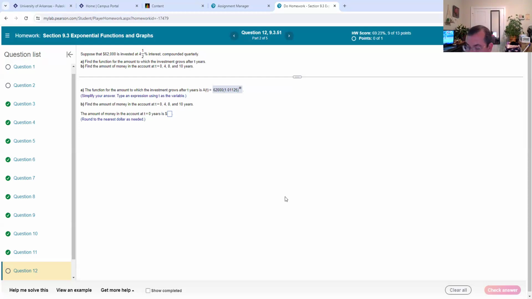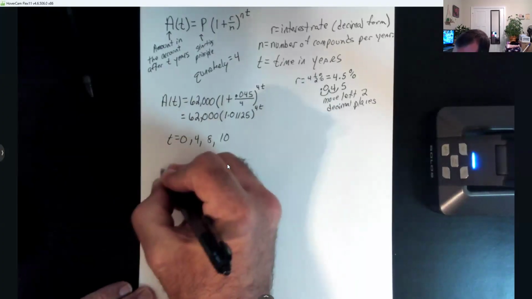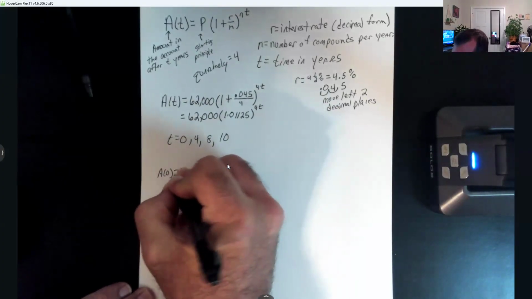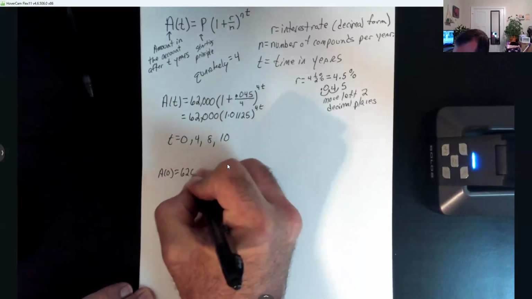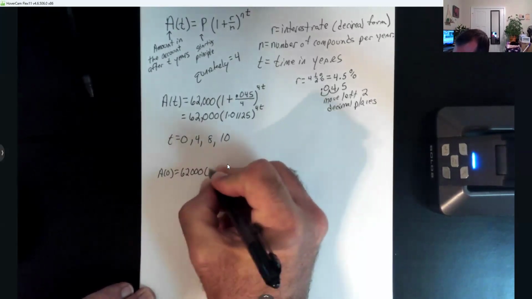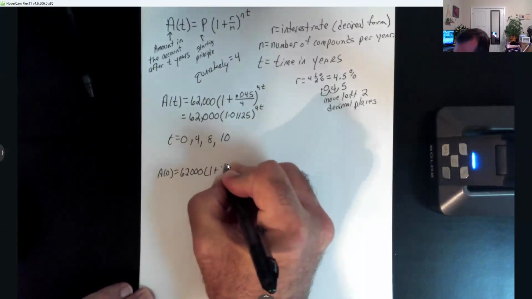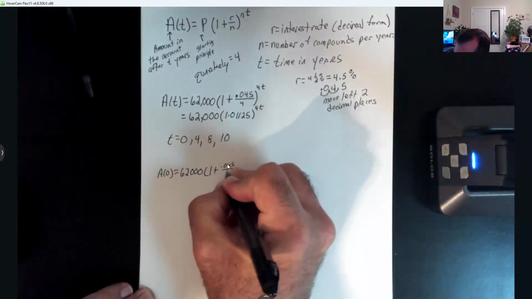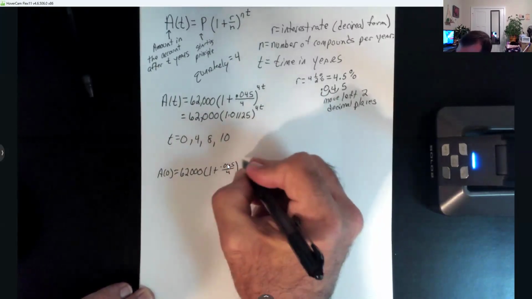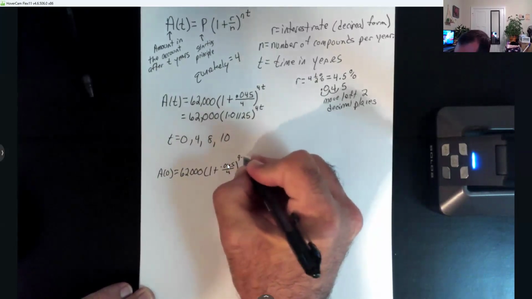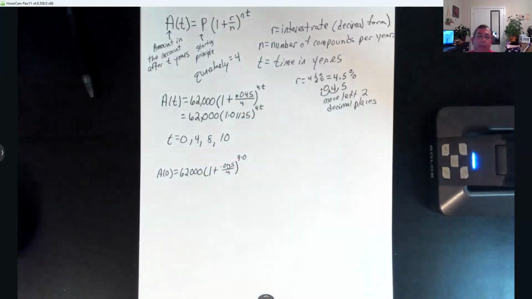Now, if you were doing this by hand, you would start with zero. A of zero equals 62,000 times 1 plus 0.045 divided by 4, all raised to the 4 times 0.